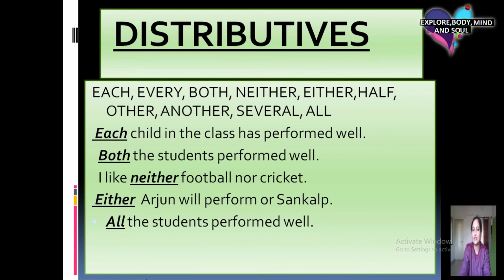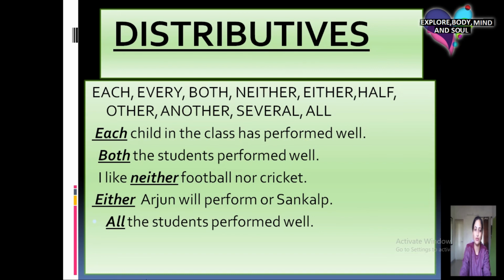Next category is distributives. Distributives are each, every, both, neither, either, half, other, another, several, all. Now, the pattern you can observe is that distributives always refer to a group. They always belong to some group.